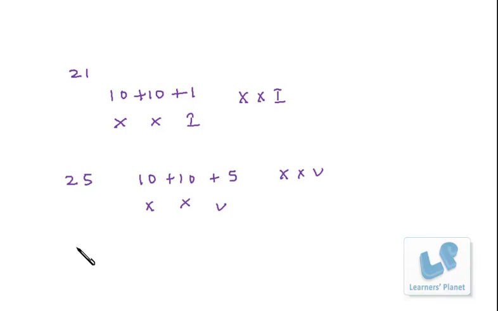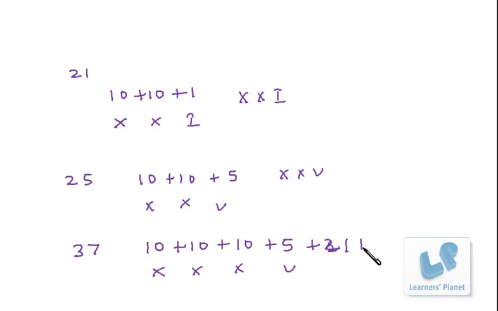And suppose you wish to write 37. So it's 10 plus 10 plus 10, that is 10, 20, 30, then 5, then 2. So 10 is X, then this is further X, this is further X, this is V, and this is not 2.